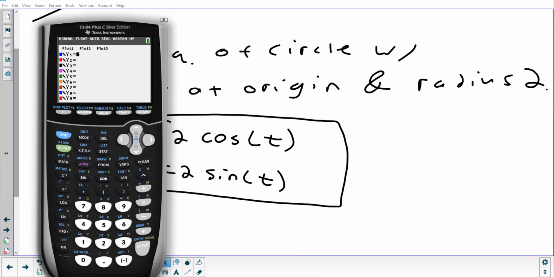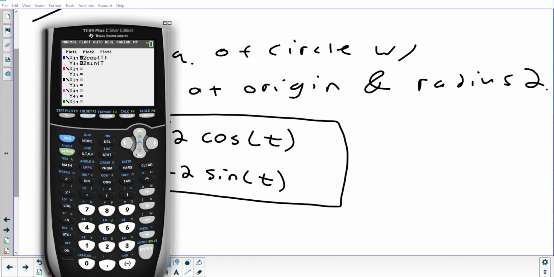All right, so let's take that in. 2 cosine t, 2 sine t. Make sure you go to parametric mode first. Okay, so we got our two equations.